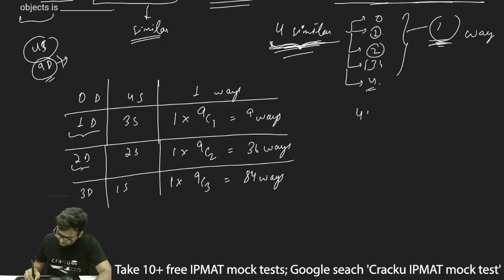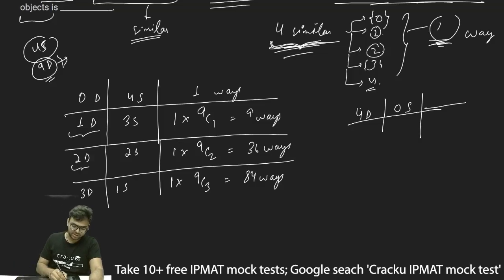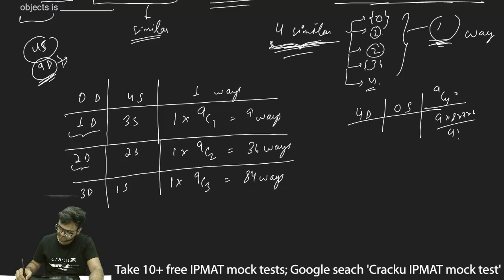And now let's say 4 distinct and 0 similar. Again we do not have to choose any of the similar objects, and I have to choose 4 distinct objects from the 9 distinct objects. So this will be 9C4. And 9C4 is basically 9 into 8 into 7 into 6 divided by 4 factorial. Now 9 into 8 is 72 and 4 factorial is 24. So 24 is 3 times 72.